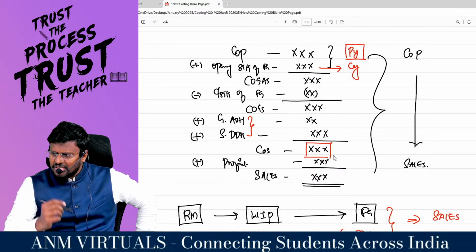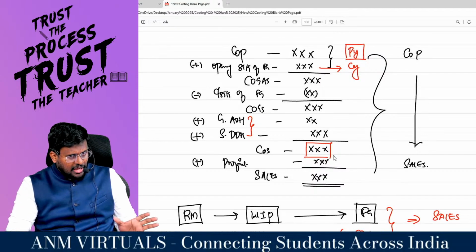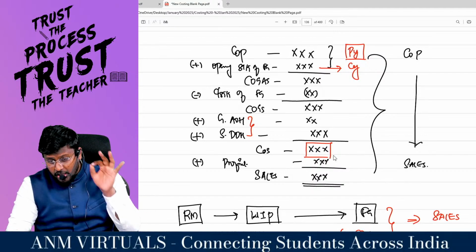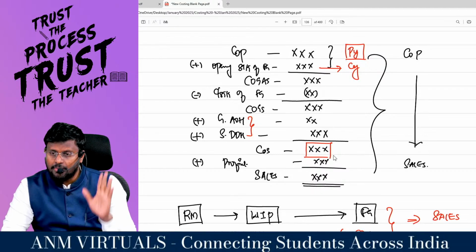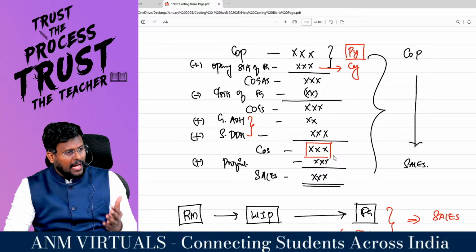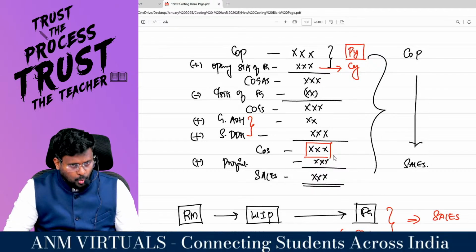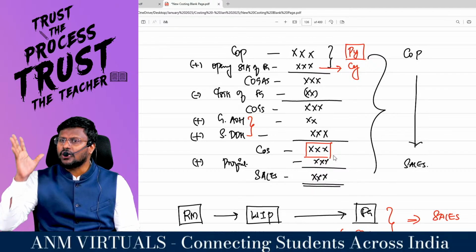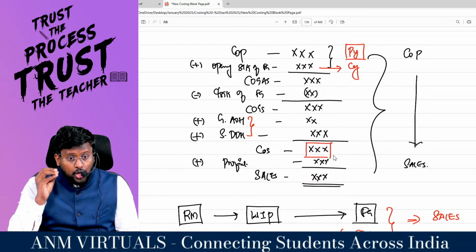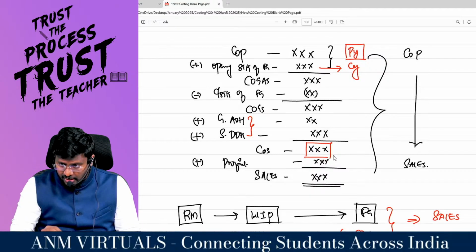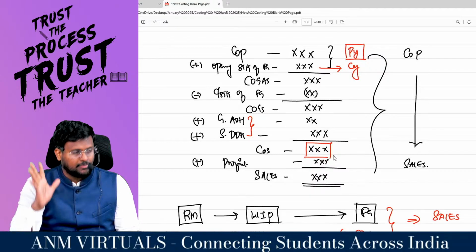So let me ask you a question. If I don't record this many costs properly under the respective head, can I tabulate what is the total cost incurred? No. So as a cost accountant, it is my responsibility to record the cost incurred under the respective ledger.